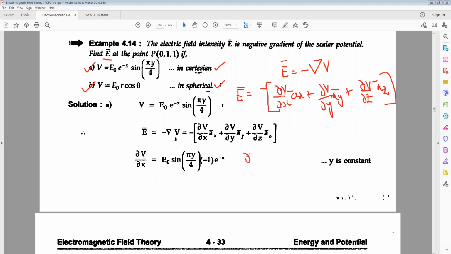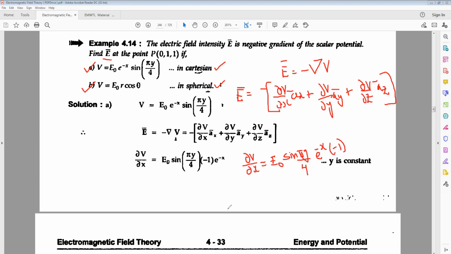First of all, you can find dou V by dou x. Dou V by dou x is equal to E naught, a constant, sine pi y by 4, also a constant, and the derivative of e power minus x, which is e power minus x into minus 1.